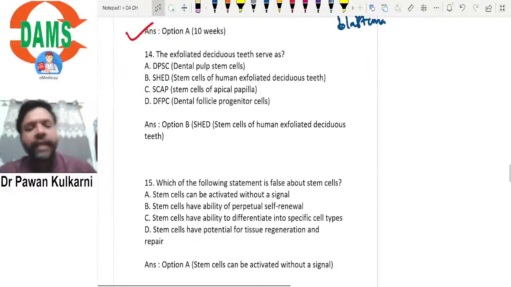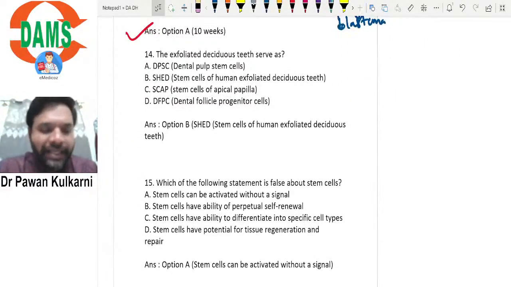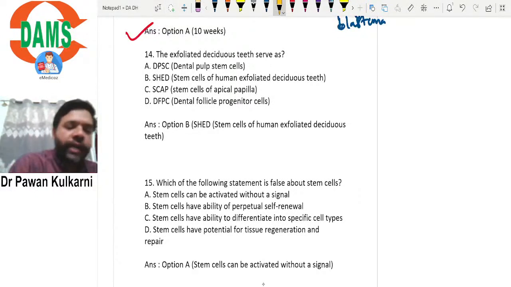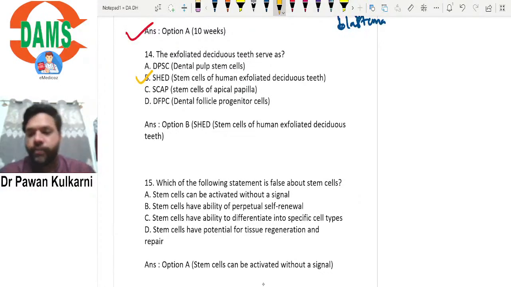The exfoliated deciduous teeth serve as, we should remember that the primary teeth or the exfoliated primary teeth has got a very important role, that it is a major source for SHED. What do you mean by SHED? The stem cells. S stands for stem cells of human exfoliated deciduous teeth.